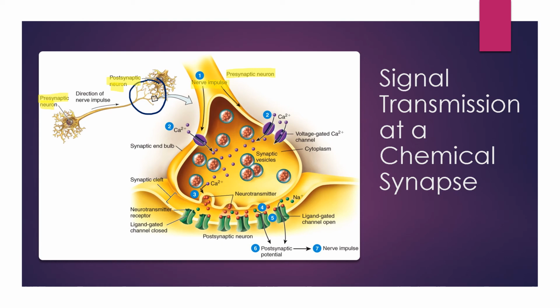At number 2, the depolarizing phase of the nerve impulse has opened voltage-gated calcium channels present in the membrane of the synaptic end bulbs. Because calcium ions are more concentrated in the extracellular fluid, calcium rushes into the cell. We can see all these calcium ions, the little purple dots, rushing into the cell there.